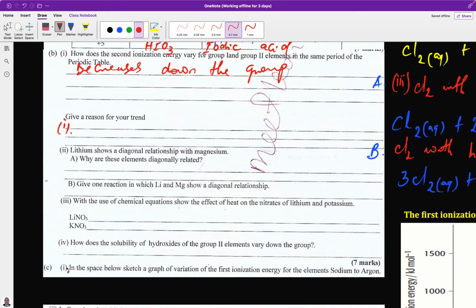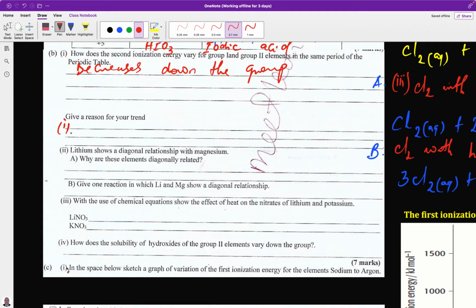The number of shells are increasing. As the number of shells are increasing, the valence electrons or the outermost electrons go further away from the attraction of the nucleus. As they go further away, the attractive force between the nucleus and the valence electron is decreasing. And less energy is required to remove the second electron.